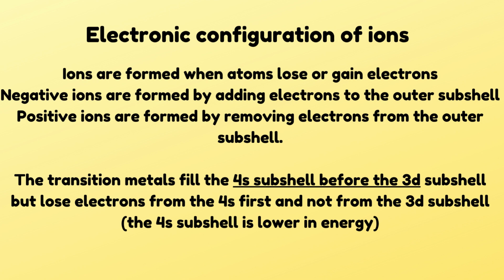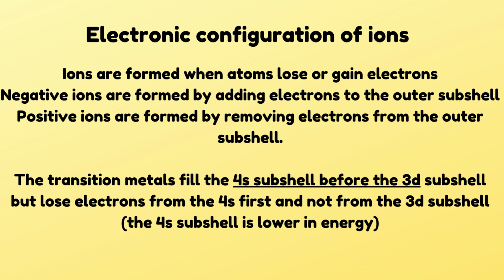But when you take away electrons, when you lose electrons from an atom or an ion, you have to remove them from the 4s first, not from the 3d, because the fourth shell is the outer shell. So removing always takes place from the outer shell. 3 is the inside one. The fourth shell is the outside. And also the 4s subshell is lower in energy than 3d.